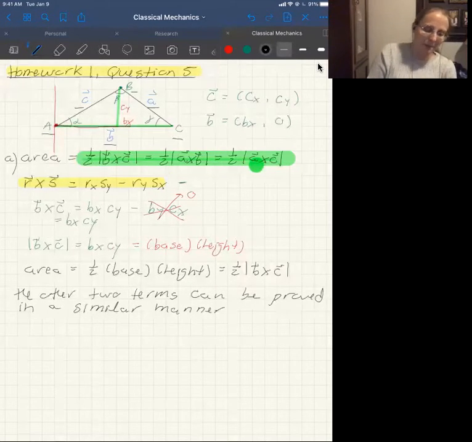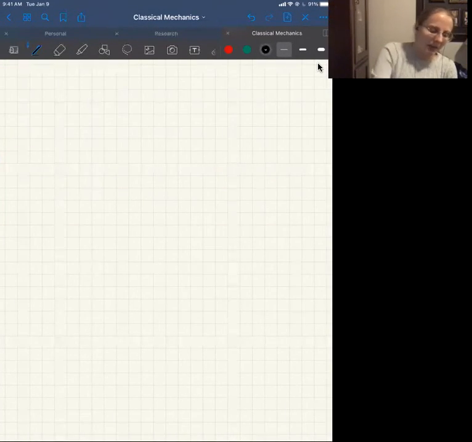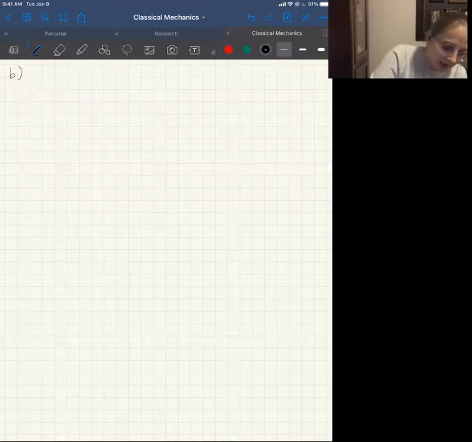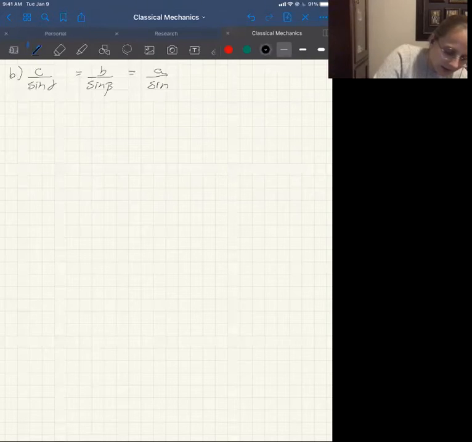So that's part A. For part B, we want to prove the law of sines, which for this problem says that C over the sine of gamma equals B over the sine of beta equals A over the sine of alpha.